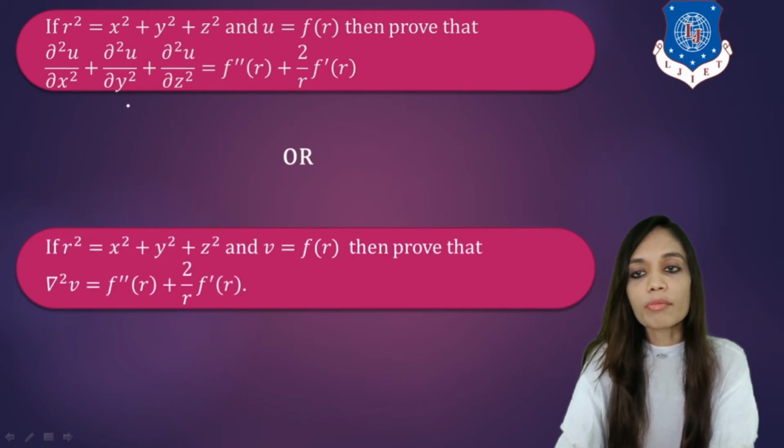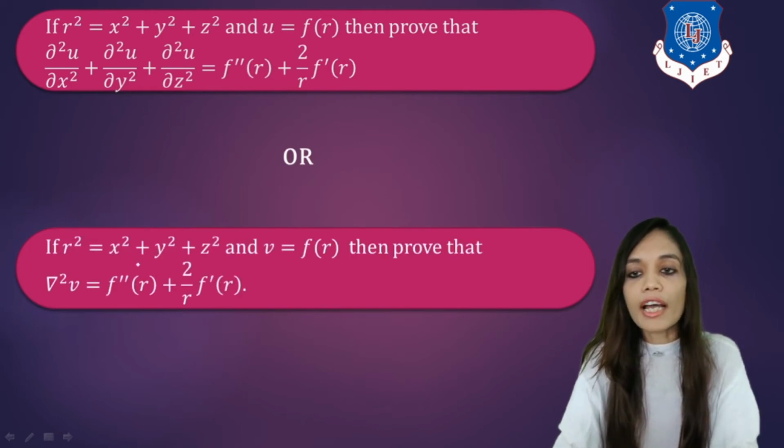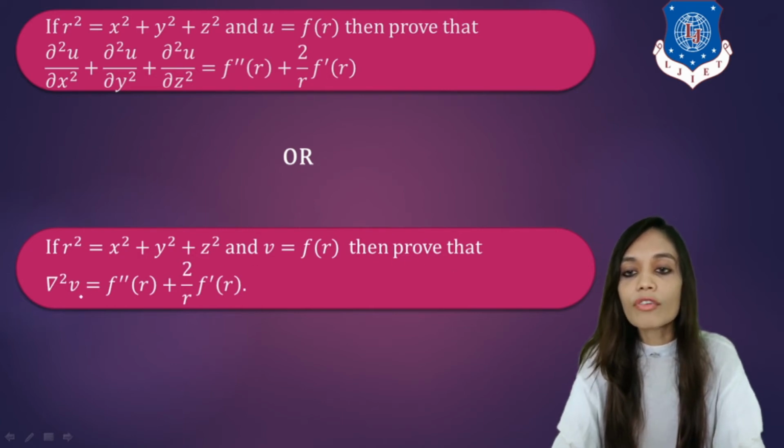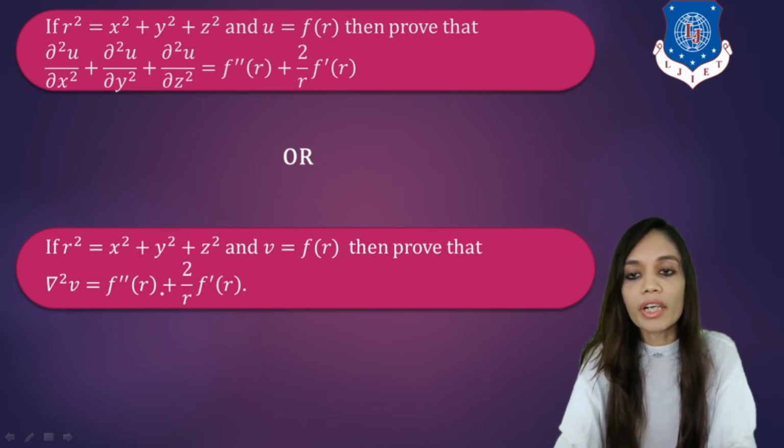Or our question can be asked as: if r square is equal to x square plus y square plus z square and v is a function of r, then prove that del square v is equal to f double dash of r plus 2 by r f dash of r. So now let's move on to its solution.